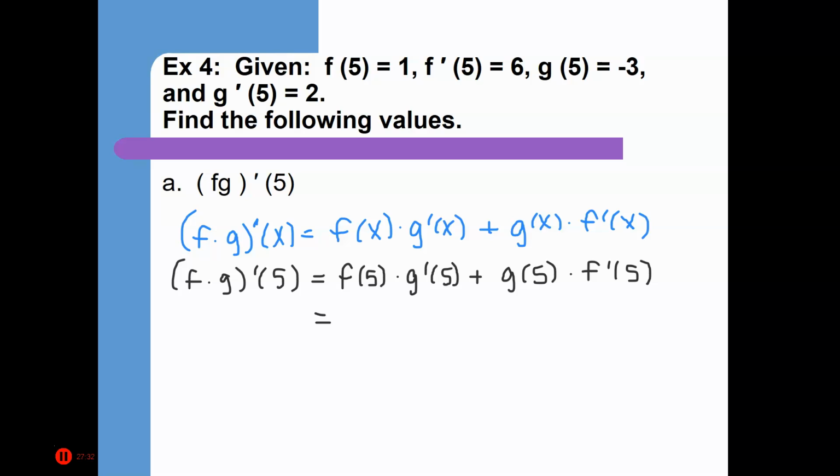So f of 5 is 1, g prime of 5 is 2, plus g of 5, which is negative 3, times f prime of 5, which is 6. So you get 2 minus 18, or negative 16.